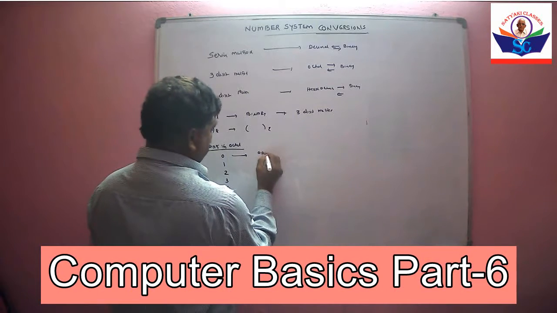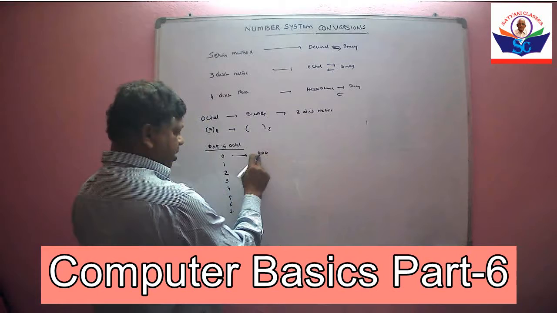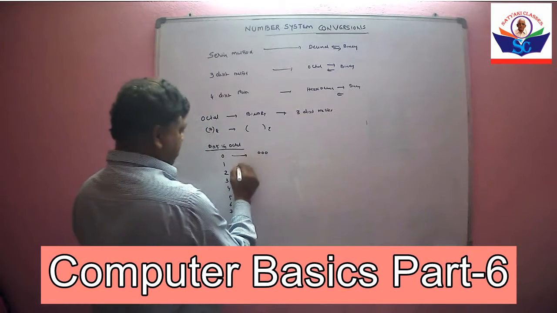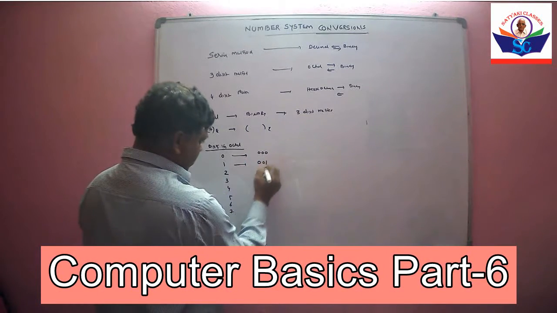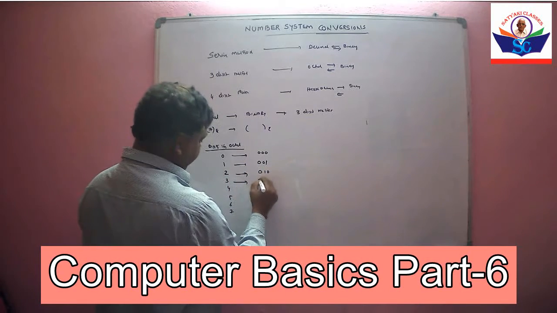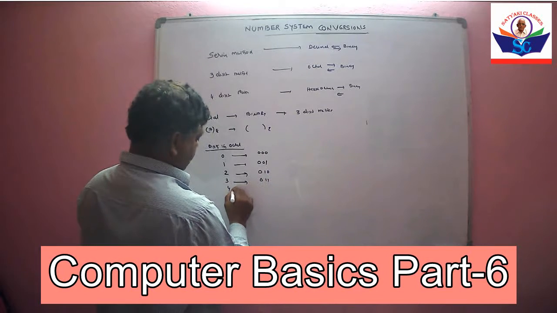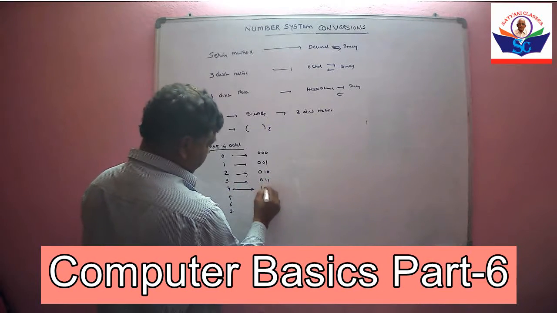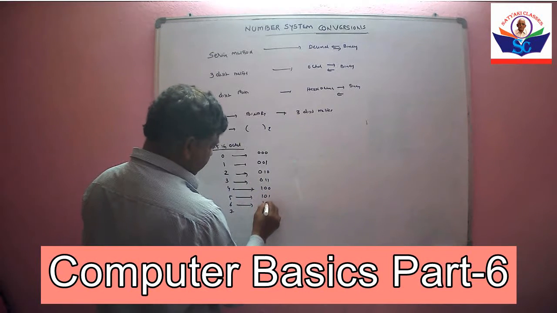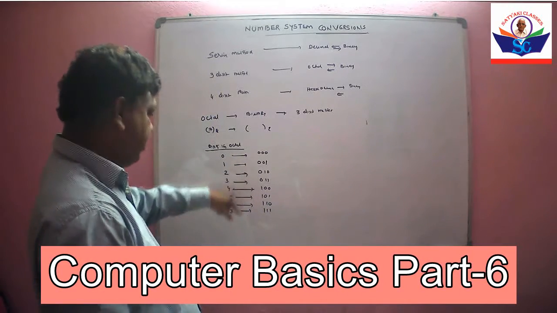For 0, we will take 3 digits. We can write 1 as 0 0 1, 2 as 0 1 0, 3 as 0 1 1, 4 as 1 0 0, 5 as 1 0 1, 6 as 1 1 0, and 7 as 1 1 1. This is the 3-digit method.